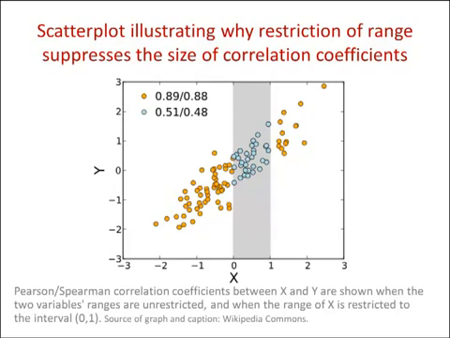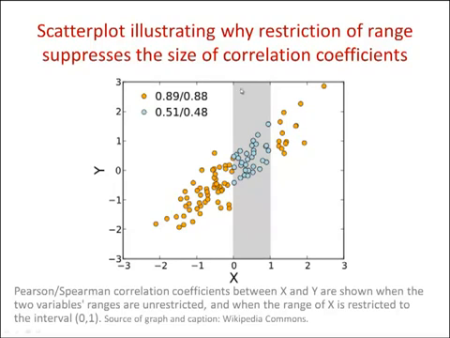In terms of why restriction of range suppresses correlation size, you can see it in this illustration, where you've got a big scatter plot with the full range from -3 to +3, and if you analyse all of those dots, you find that the correlation between x and y is 0.89.